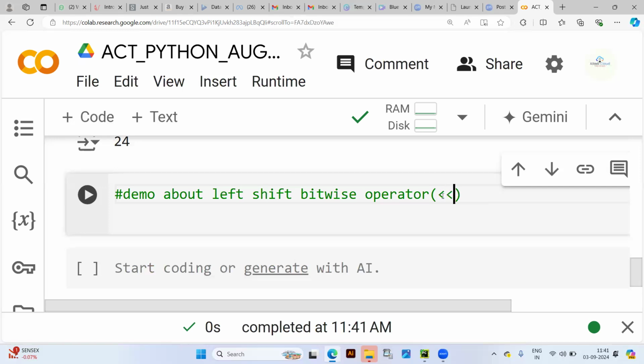Yeah, this is the left shift operator. So what a left shift operator is, let me tell you. Left shift operator is an alternate to the multiplication operator.